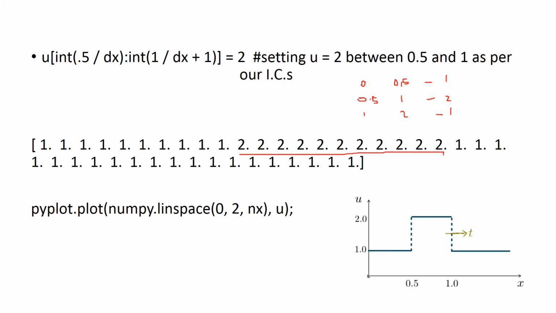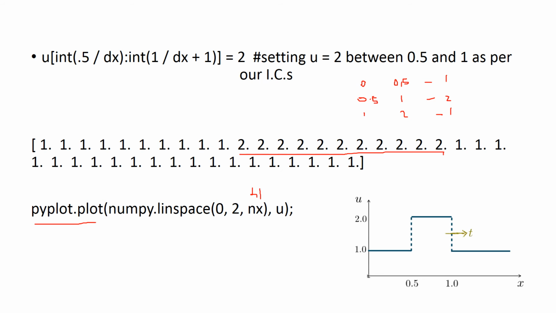And if you want to visualize it, we already imported pyplot, so I will explain how to use this. pyplot.plot(numpy.linspace(0, 2, nx), u). What is this 0, 2? 0, 2 is nothing but the total domain, comma nx. What is nx here? 41 grid points, and u. So what is this numpy.linspace?